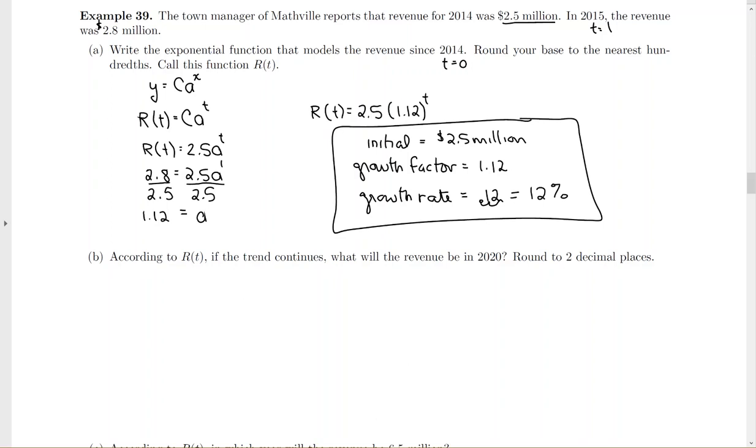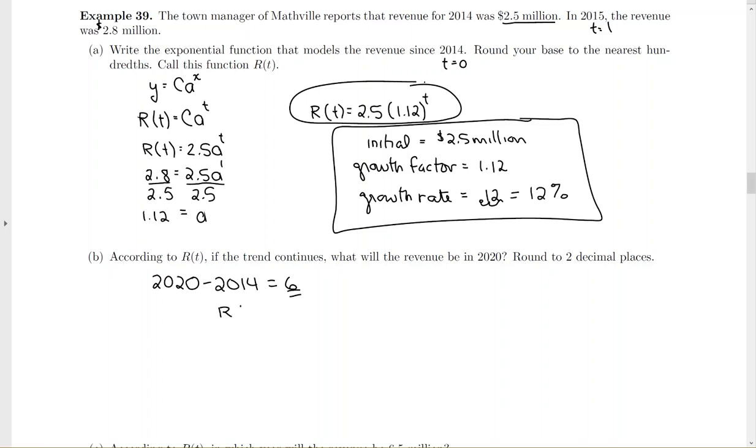According to your R of t equation, what will the revenue be in 2020? So again, you're not plugging in 2020 for t, it's the years after 2014. So you're going to take 2020 minus your starting year, 2014, and you're going to plug in the number 6 into the function.